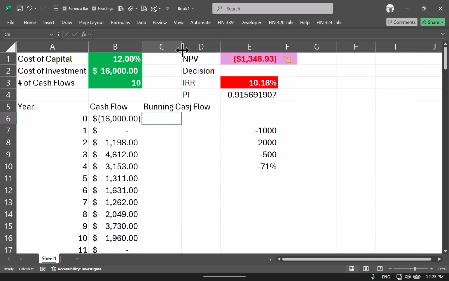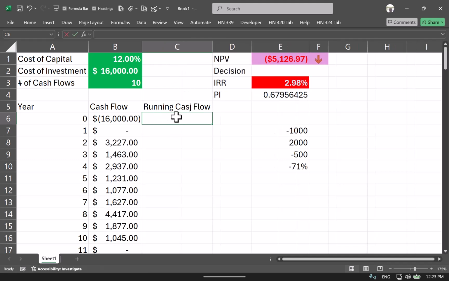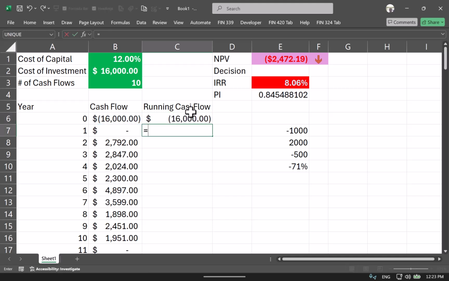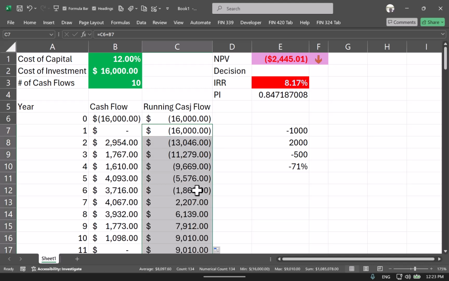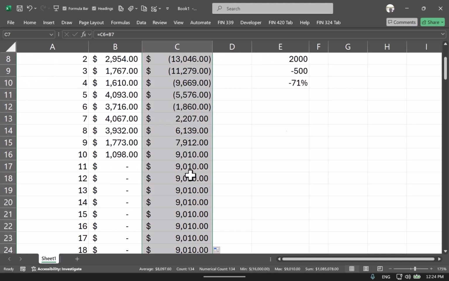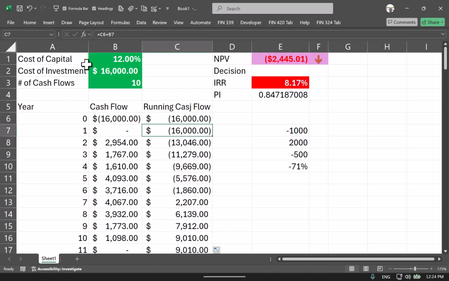That's the first one. Let's leave it at that for now. We're going to look at in what years I get into a positive cash flow.